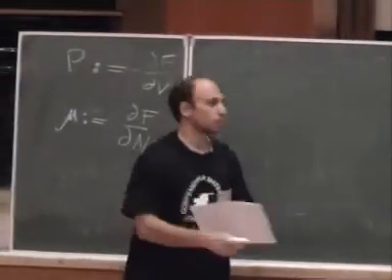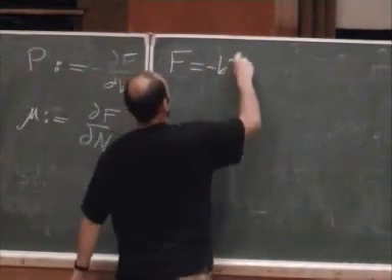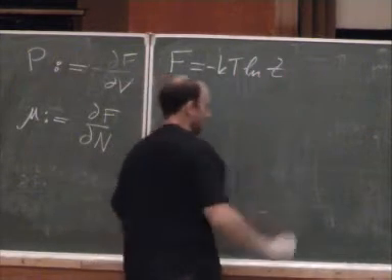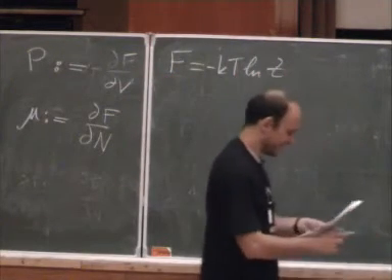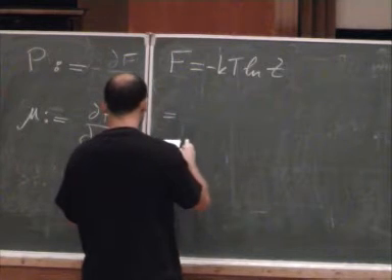So now I compute the free energy, which is minus kT logarithm Z, and luckily I computed that at home, so I don't have to do it on the blackboard. It gives the following.